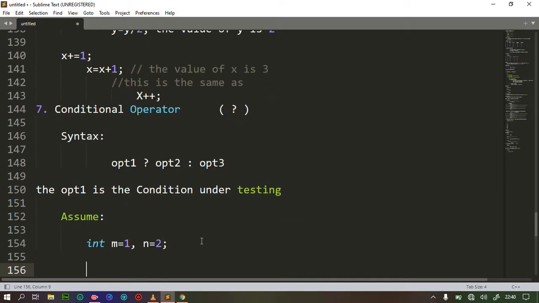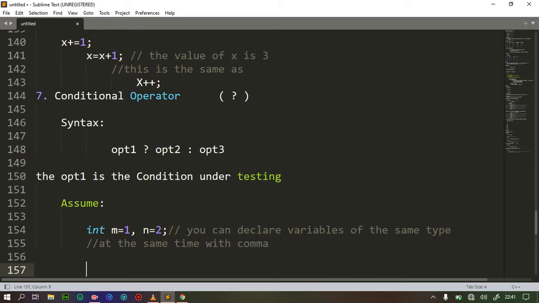And by the way, let me comment here, you can declare variables of the same type at the same time with a comma. Definitely the way you see it, I said m is assigned 1 and n is assigned 2, so I terminate here.